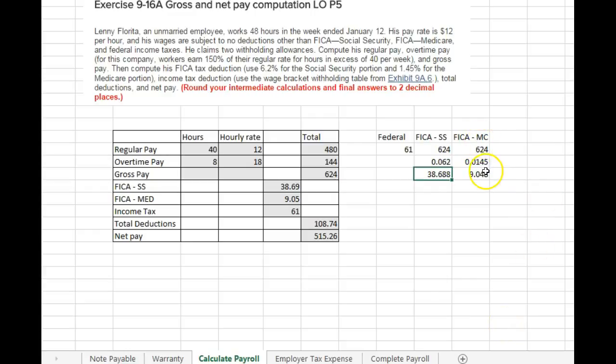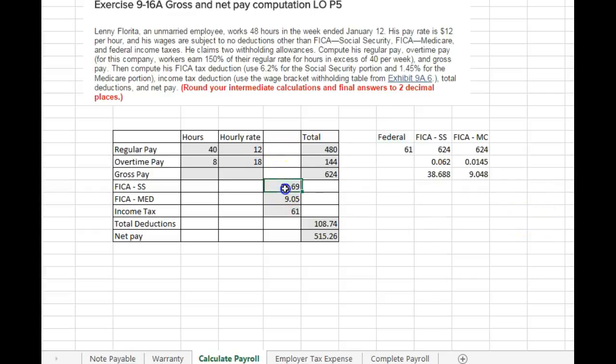Medicare, FICA Medicare, is 1.45%. So I'll multiply that times gross pay and come up with $9.05 if I round. And finally, I'm giving you the federal income tax, which is $61 in this case.